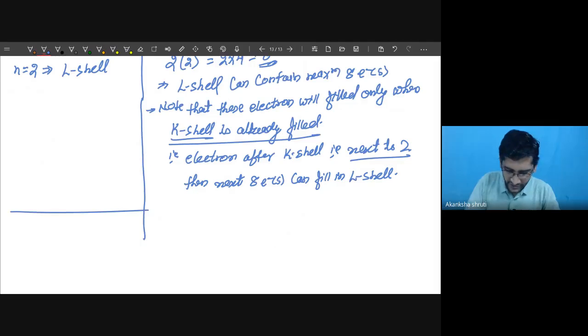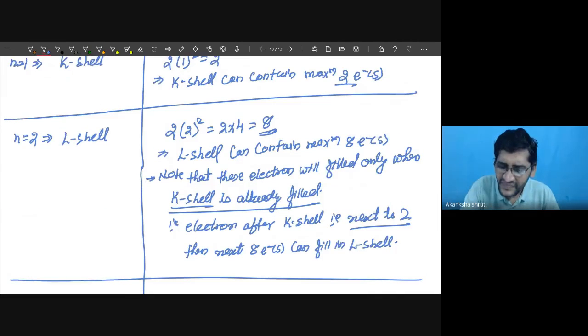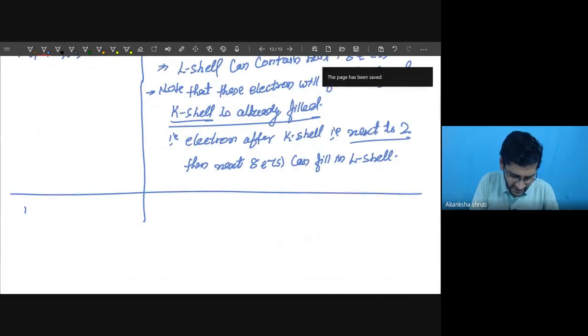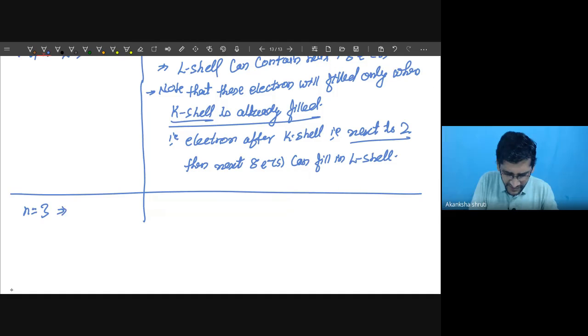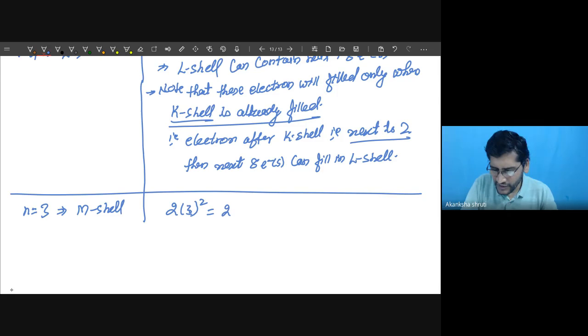If we are further going down, then take n is equal to 3. This implies the M shell. So 2 into 3 square, so it becomes 2 into 9, 18.